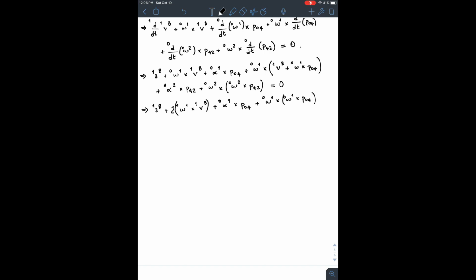Okay, very good. Plus angular velocity of 2 in 0 cross p42 plus angular velocity of 2 in 0 cross angular velocity of 2 in 0 cross p42 equals 0. And this is as simple as it gets. Now, let me make a few remarks over on this computation right here.